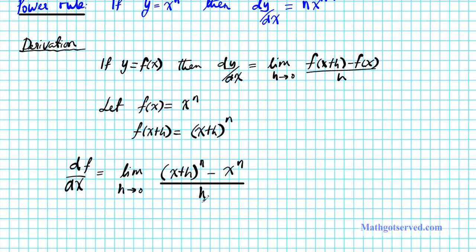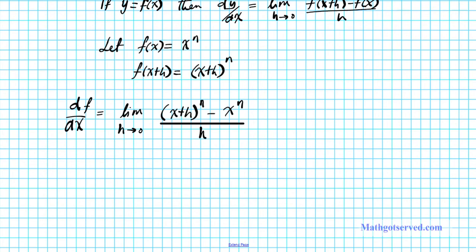Now let's expand this using the binomial theorem. Let's write down what the binomial theorem is real quick, and then we're going to apply it to the expansion of x plus h to the n.